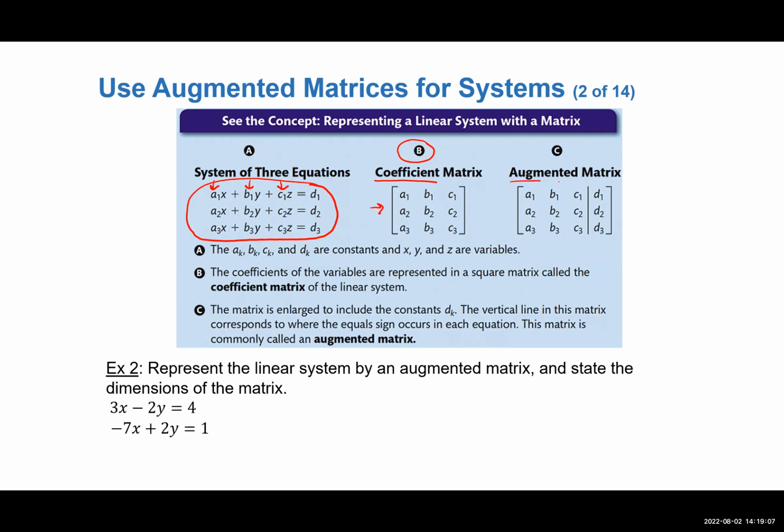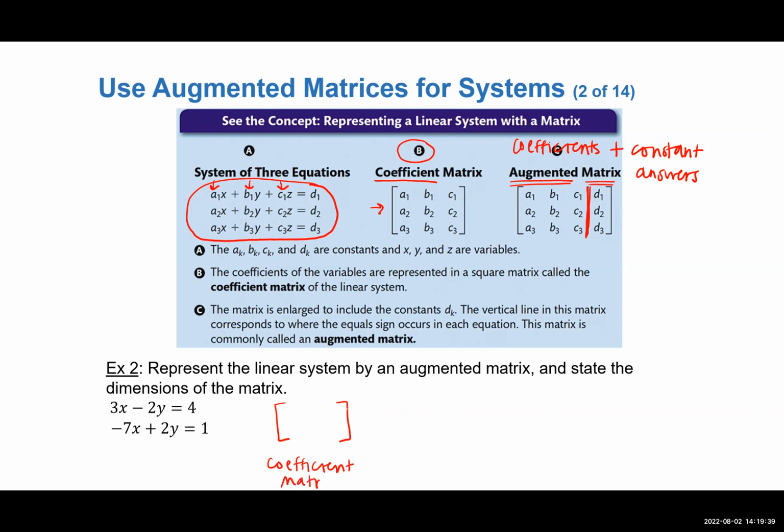With the augmented matrix, we take all the numbers, coefficients and the constants. And sometimes you'll see a line drawn down to delineate between which are the coefficients and which are the answers.